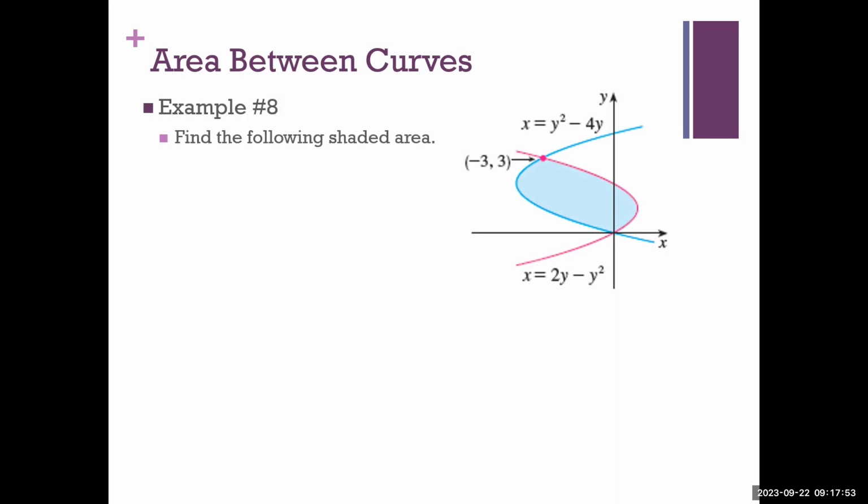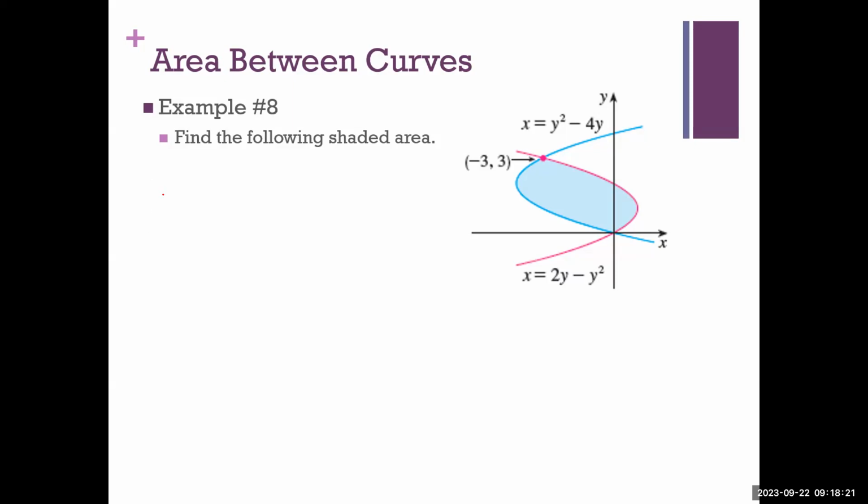All right. Last one for you. So we've got some information. So I want to find that blue shaded area. How do we go about doing that? Okay. What are the bounds?